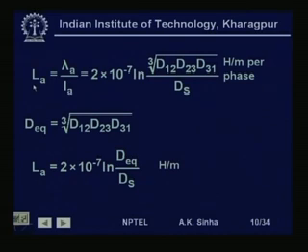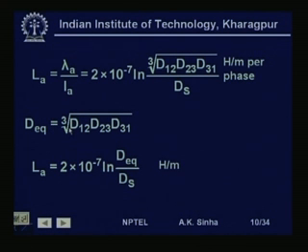Now, once we have got the average flux linkage, we can get the average inductance per meter length of the line as lambda A by I A, which turns out to be 2 into 10 to the power minus 7 ln of cube root of d12 d23 d31 divided by Ds, where this term, cube root of d12 into d23 into d31, is called the equivalent distance of the 3 phase system, that is the equivalent distance between the 3 conductors.